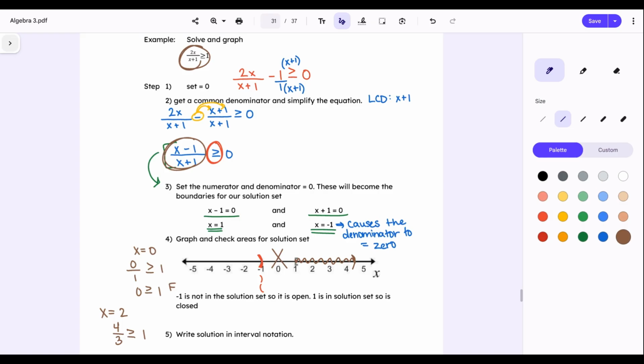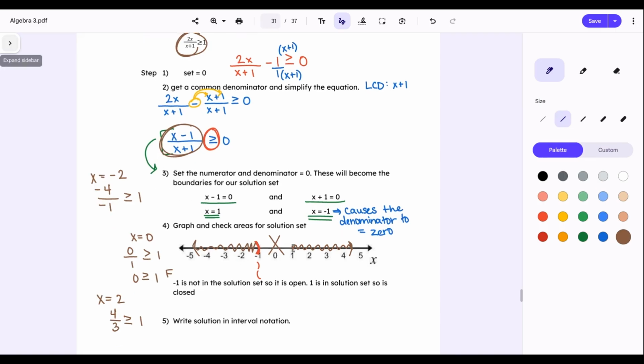And then the last point I'm going to test, I'm going to bring it up here, is -2. So 2 times -2 would be -4. -2 plus 1 would be -1, greater than or equal to 1. That simplifies to a +4. +4 is bigger than 1, so that would be true as well. So that's how I know that I would be shading going away from each other, shading all the way off to the left, all the way to the right.